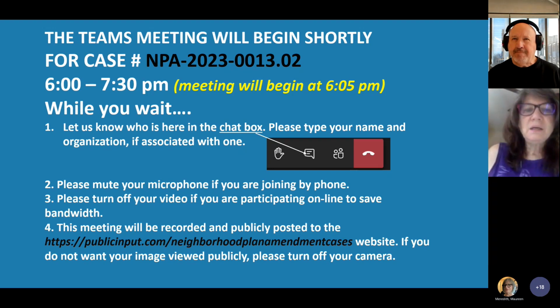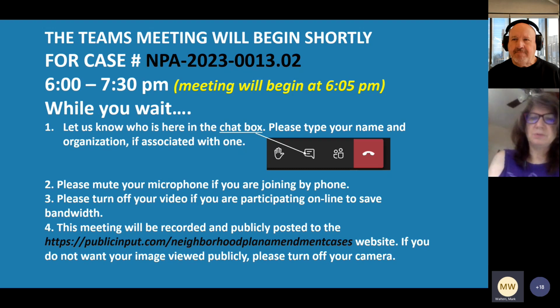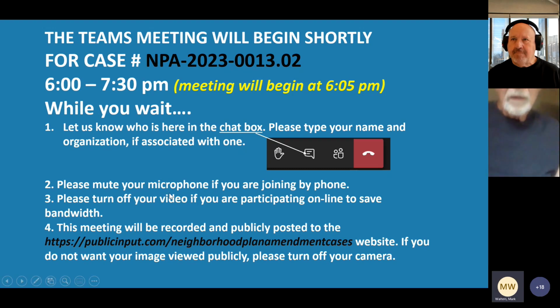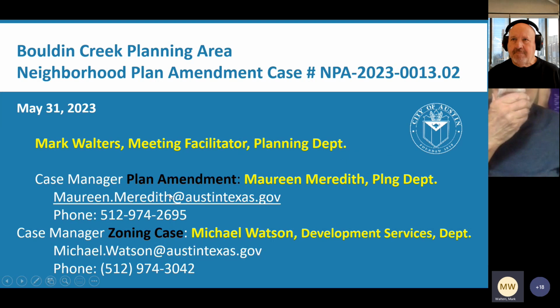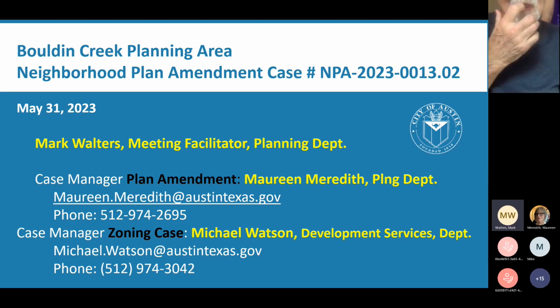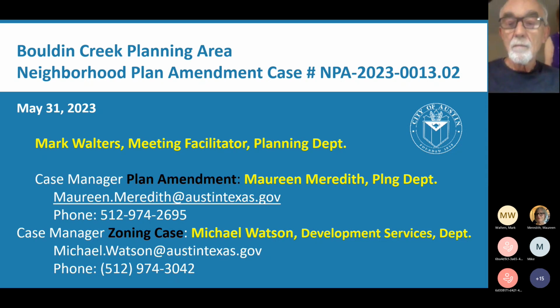Maureen, we have a hand raised, so there's a question. We can answer it really quickly, but let's hold off on questions until after the presentation. So Judith Sims, do you have a question? Please unmute and ask it at this time. No, okay.